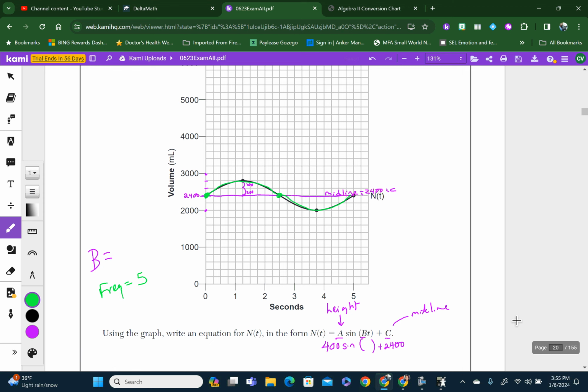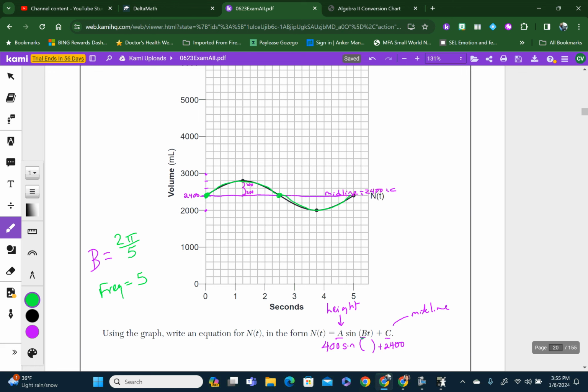So now what is my B, right? The B is, there's a formula, 2 pi over my frequency right here, which is 5. So the number that goes right here is 2 pi over 5, and I have to put a t next to it, okay?